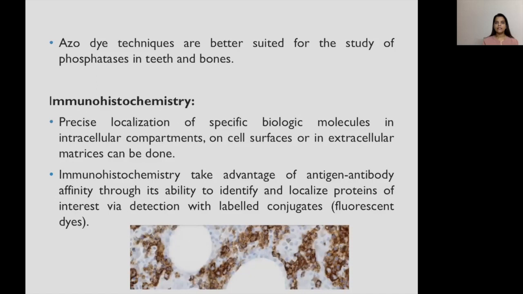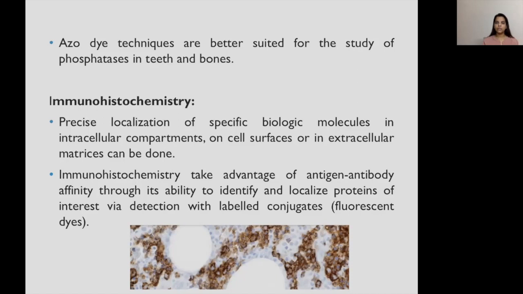Then azo dye techniques are better suited for phosphatases in teeth and bone. And then immunohistochemistry. Immunohistochemistry is based on antigen-antibody reaction. So precise localization of specific biologic molecules in the intracellular compartment, on the cell surface, or in the extracellular matrix can be done.